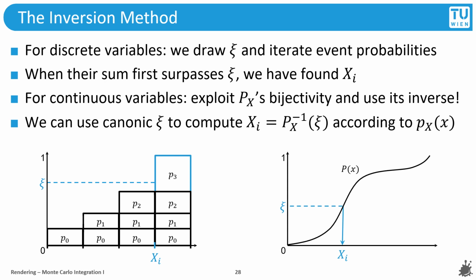For the continuous case, we can use the bijectivity of the CDF and take its inverse. So the value of random variable x that would have produced the cumulative probability given by our sample Xi is found via the inverse of x's CDF.